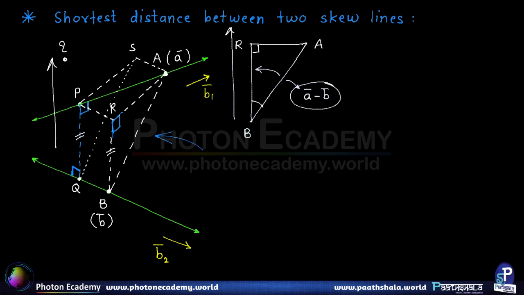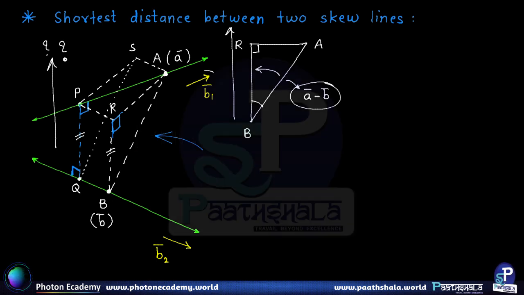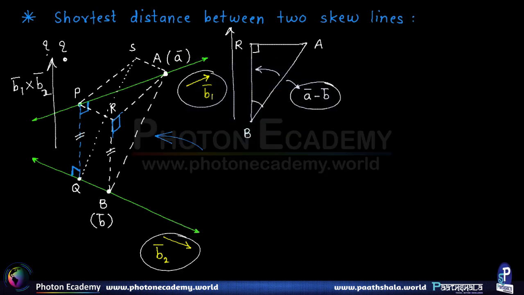Now let's think about which vector lying in this particular direction we can easily find. For that we have to look at the two given vectors, b1 and b2. Right? If we take the cross product of b1 and b2, then b1 cross b2 will definitely lie in the required direction, because the cross product is always perpendicular to both of the vectors whose cross product is being taken.